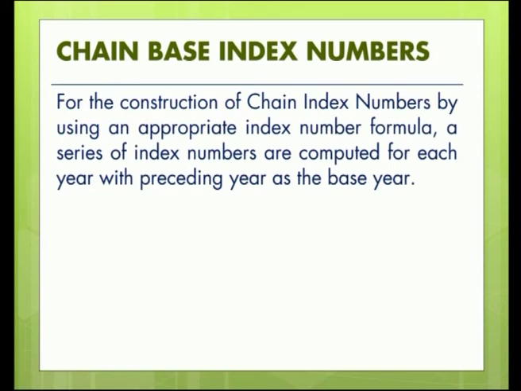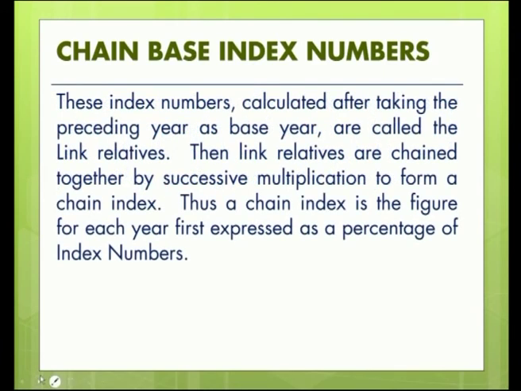For the construction of chain index numbers, by using an appropriate index number formula, a series of index numbers are first of all computed for each year with the preceding year as the base year. Next, these index numbers calculated after taking the preceding year as base year are called the link relatives.